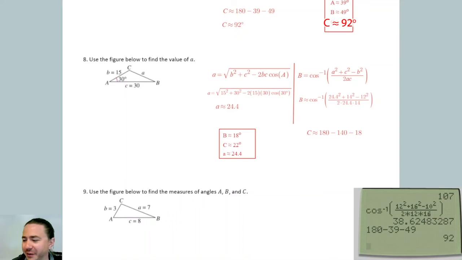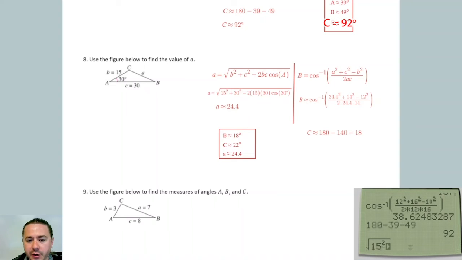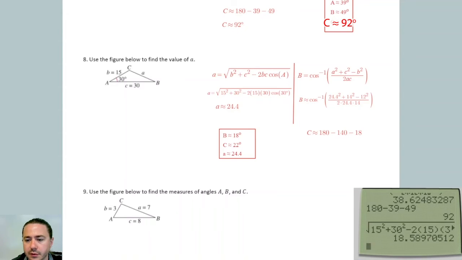If it was 1/2, I would say, okay, maybe we can do something with that. But all right, so we get the square root of 15 squared plus 30 squared minus 2 times 15 times 30 times the cosine of 30 degrees. All right, so we get about 18, we'll call it 18.6.